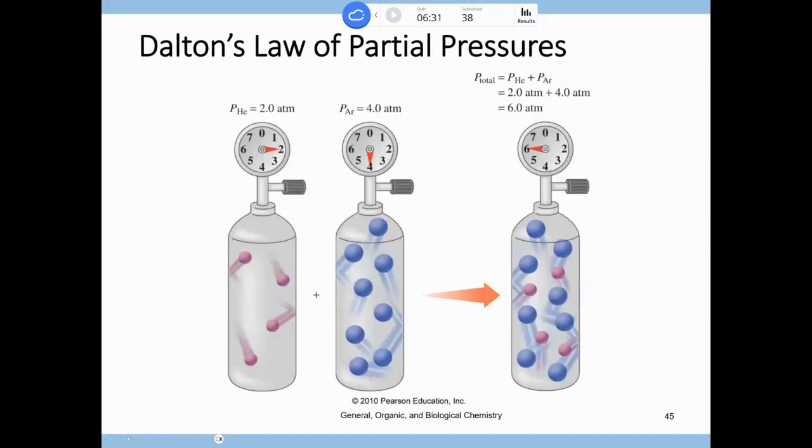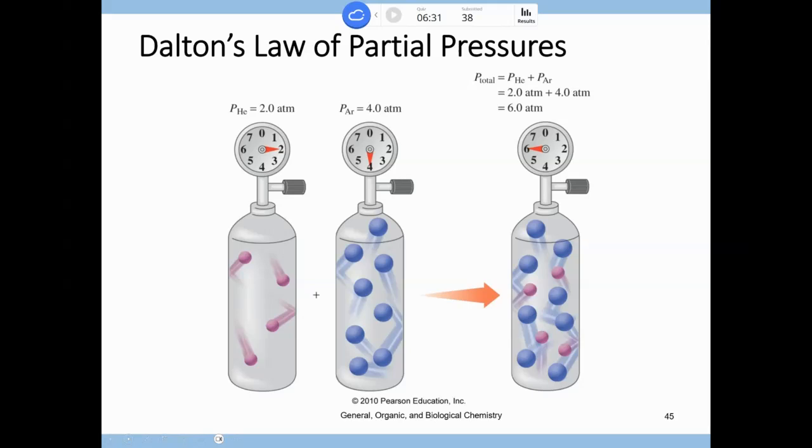This is Dalton's law of partial pressure. Again, we say we have helium in a container. There's enough helium to have a pressure of 2 atmospheres. We have another container of the same size that has argon. It has enough argon molecules at that temperature to have a pressure of 4 atmospheres.